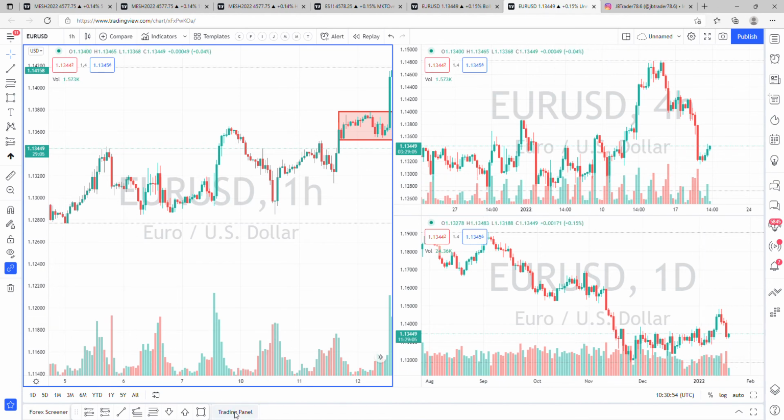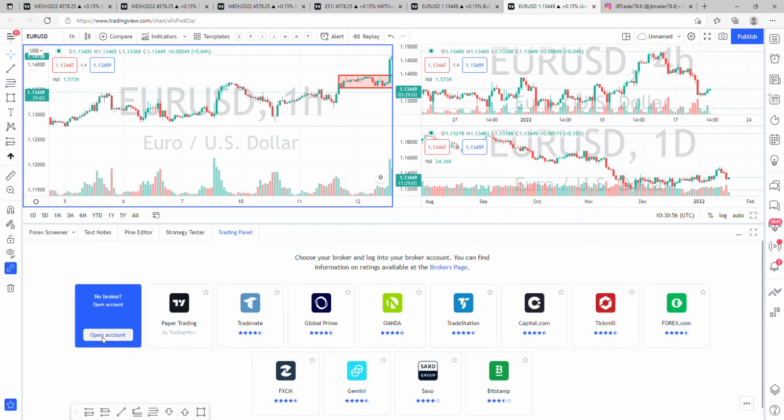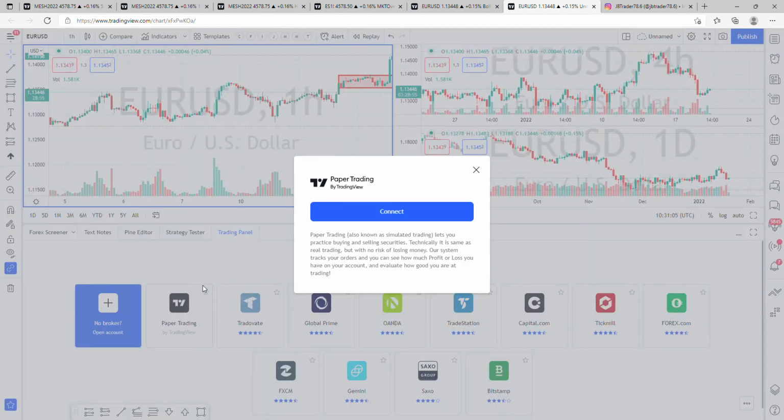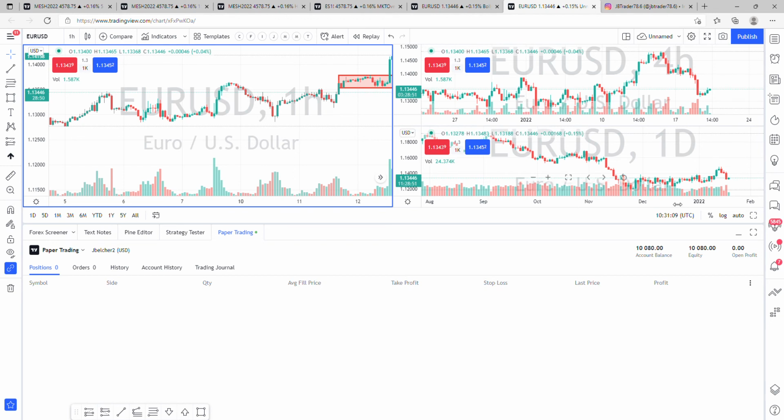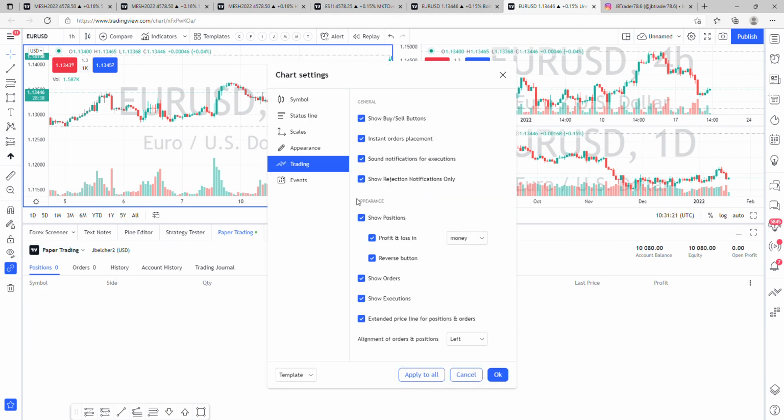On TradingView, you can open up a paper trading account, and what I would do is start the trading account with something you can actually trade with.